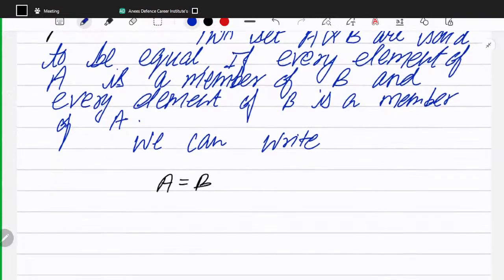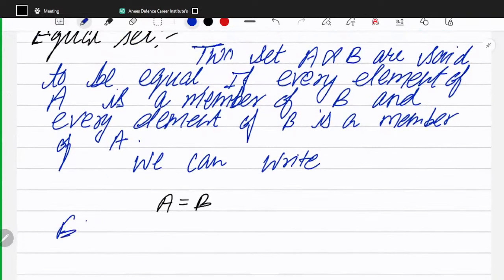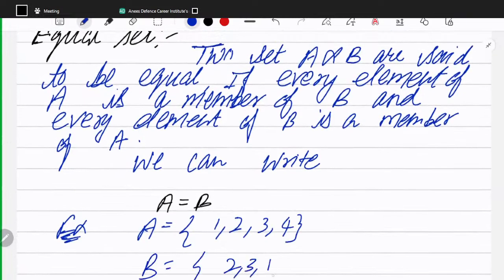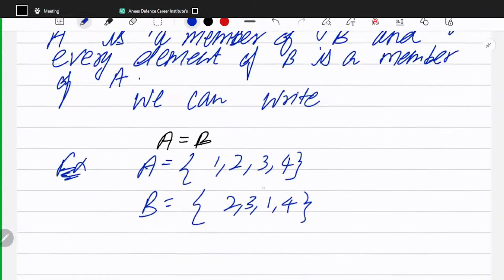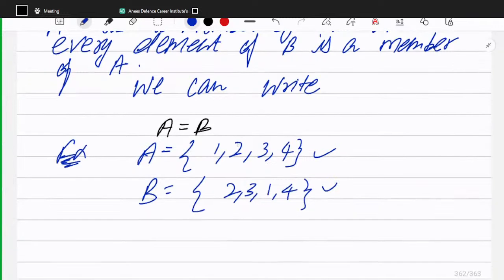Suppose, for example, set A is equal to 1, 2, 3, and 4, and set B is equal to 2, 3, 1, and 4. Elements can change their place, but the number of elements in both sets must be equal and they have the same elements. The place of an element does not matter. Here 2 is the second element in set A, in set B 2 is the first term.